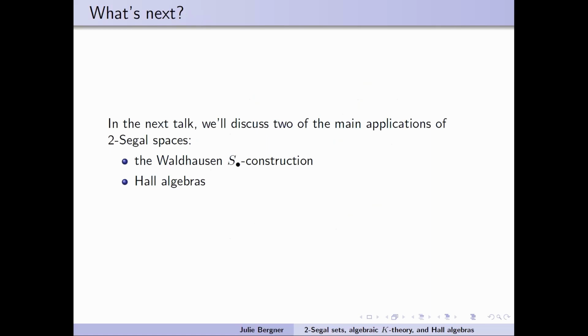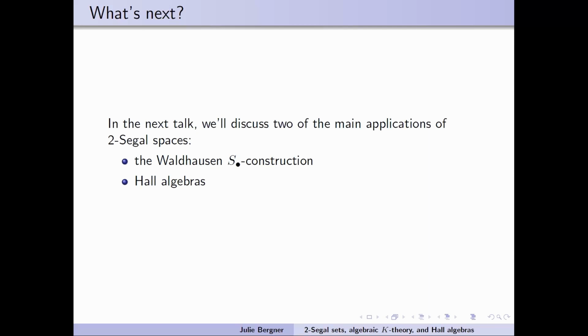Okay, so I guess I went a little bit quickly. That was what I wanted to do in the first talk: give you some formal definitions and some examples. I have another talk, in which I'm going to discuss 2 of the main applications. One is the Waldhausen S-dot construction, which is really important in algebraic K-theory, and the other is Hall algebras.